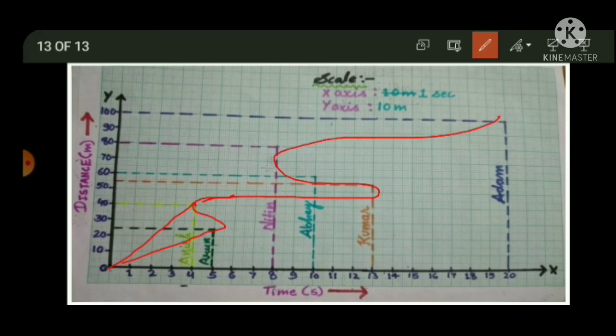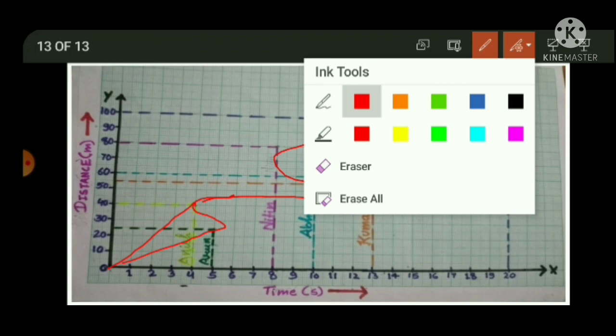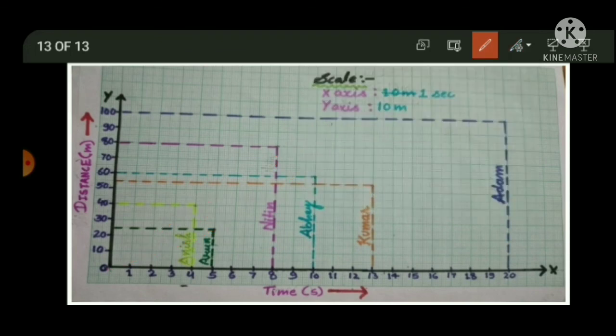That's why it is not straight. So this is the difference between the line graph and the distance time graph.